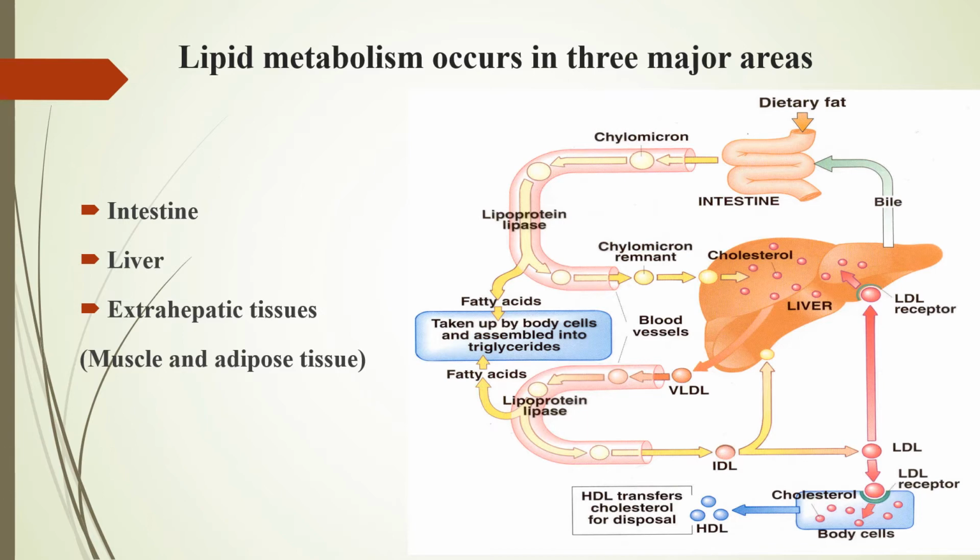The last site is the liver, where very low density lipoprotein is assembled and delivered to circulation, and intermediate density lipoproteins and low density lipoproteins are metabolized.